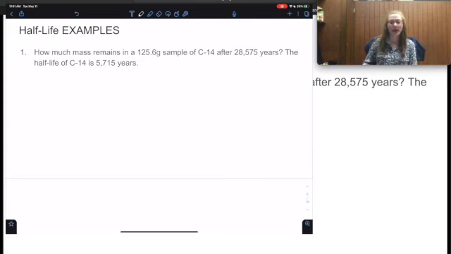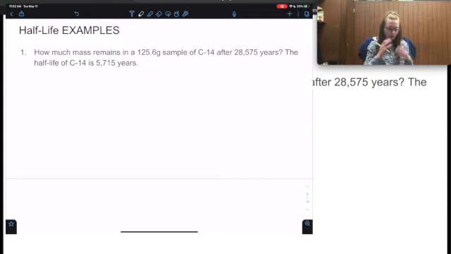Okay, so we're going to work through the first example you see on your screen. This question asks how much mass remains in a 125 gram sample of C14 after 28,575 years, and it lets us know that the half-life of C14 is 5,715 years.